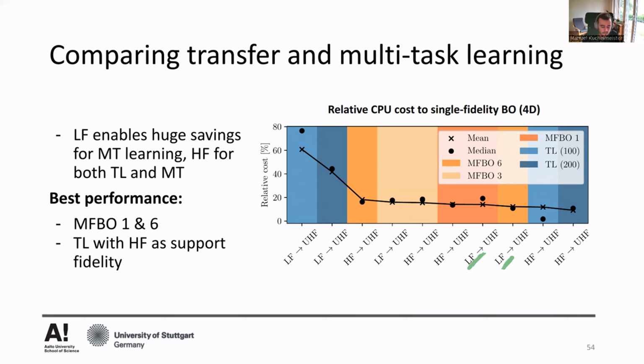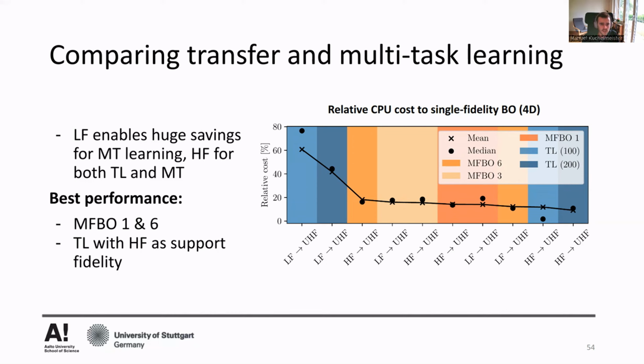We see that it didn't really matter if we use high fidelity or low fidelity. It also turned out again that approach number 6, this dark orange here, and approach number 1, this separable approach, enabled the largest savings. So we saw that the correlation is important in 2D while it's less important in 4D, and that multi-fidelity learning in general enables a lot of savings.